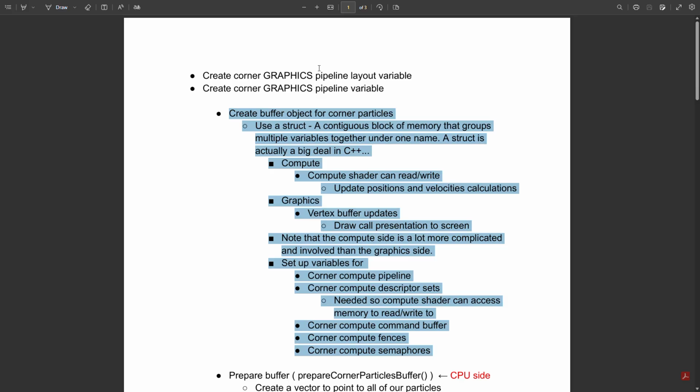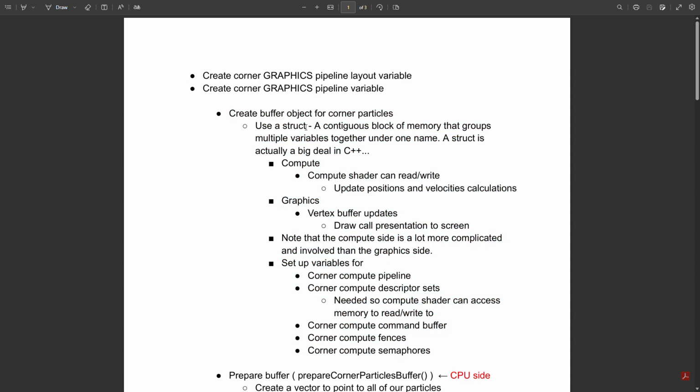So you'll notice that the graphics related stuff is rather simple, but then the compute stuff gets complicated because we have to calculate the positions of the particle, calculate the velocities of the particle, update these particles as the time goes by, as the application runs, right? So a lot of the complexity in all of this is dealing with the compute side of the equation.